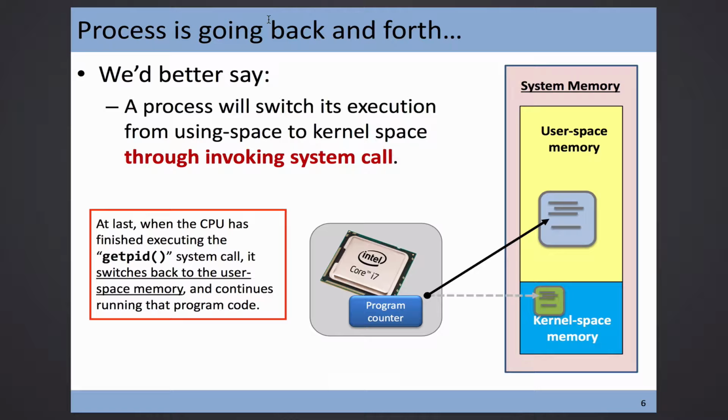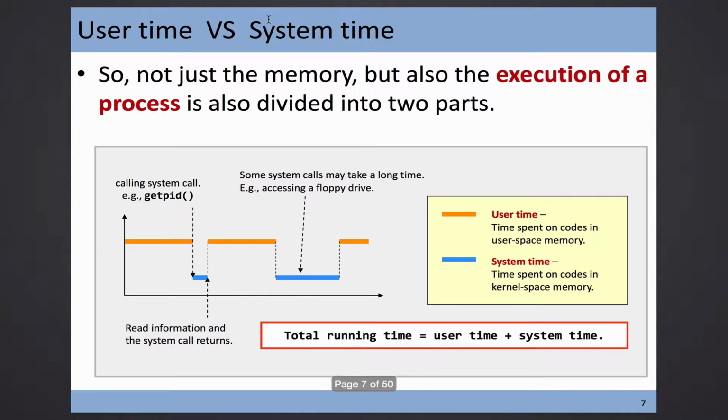When you look at this, we can draw a diagram describing this scenario. The diagram is from the CPU's point of view. If the CPU is running on user space memory and user code, I give it an orange color. If the CPU is running kernel space code and kernel space memory, then it will be blue.